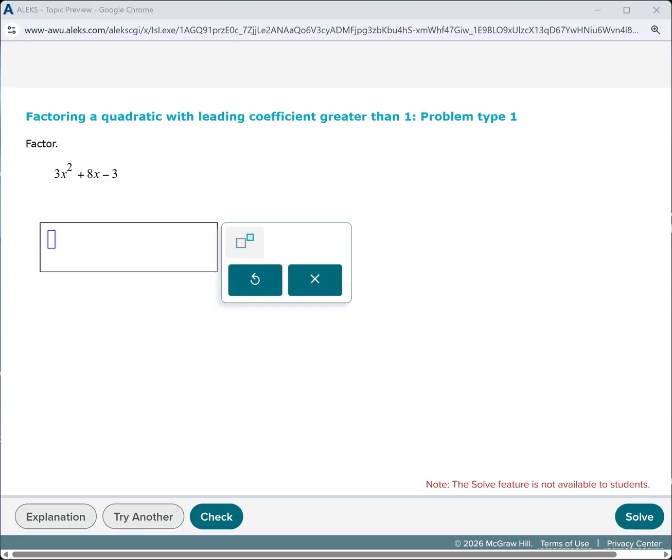So remember we talked about a quadratic, and that's always in the form of ax squared plus bx plus c. This is what we call a quadratic.